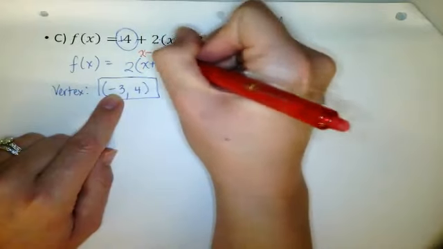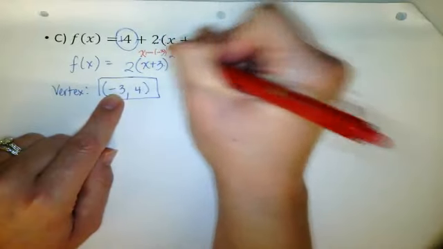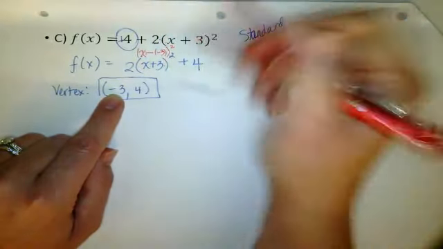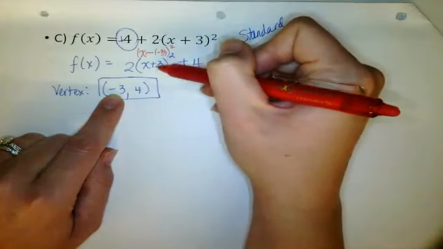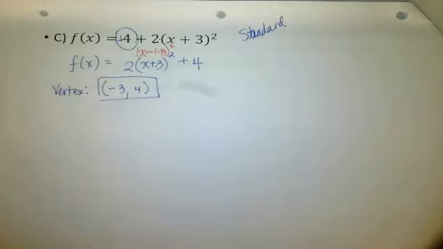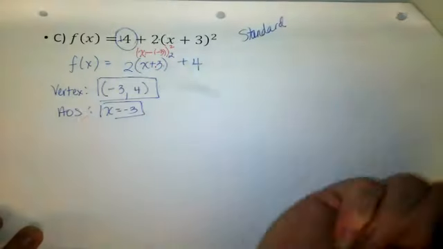So x minus what number? Minus a negative 3 is why it turns to plus 3. So that's how you can think about it. All right, you know that. You also know, whoops, the axis of symmetry. What's the axis of symmetry? X equals negative 3.